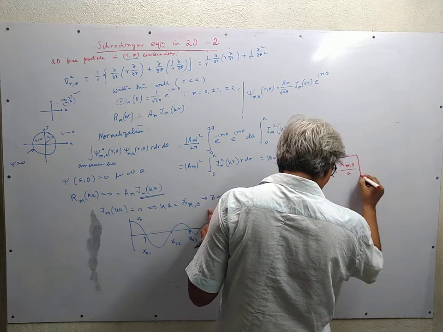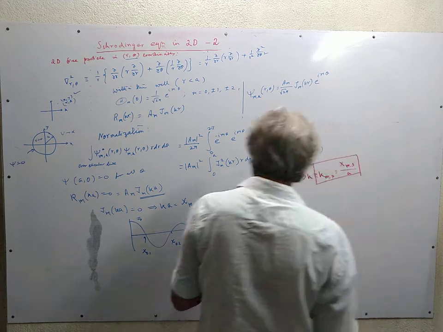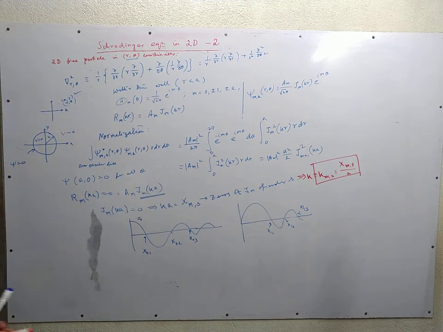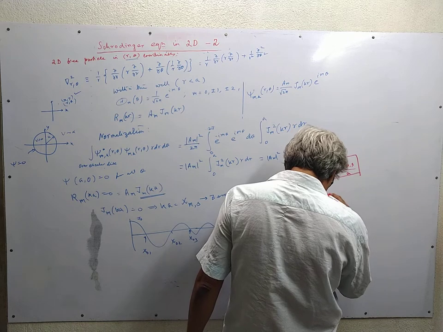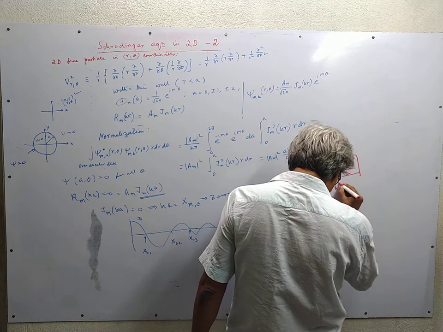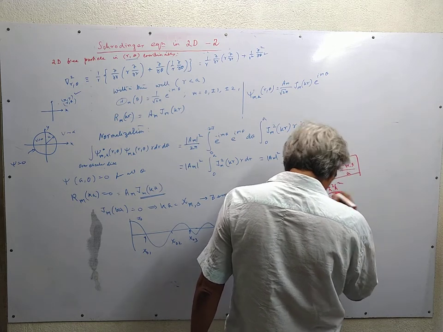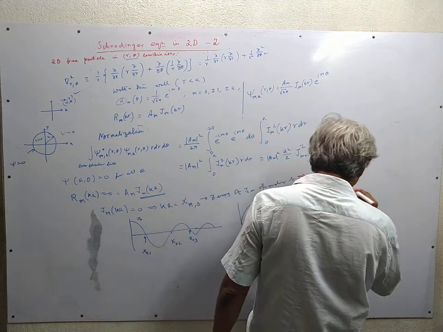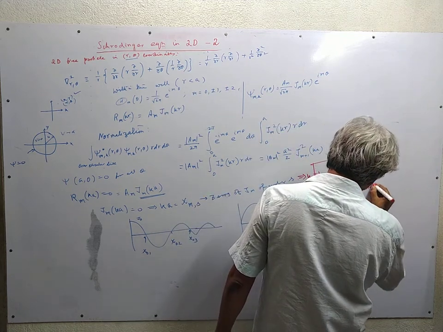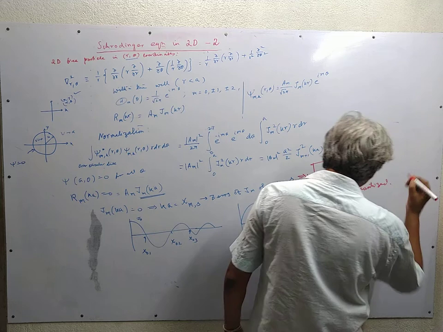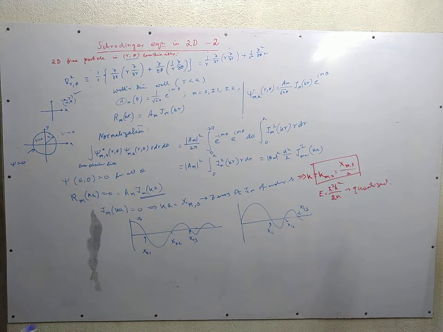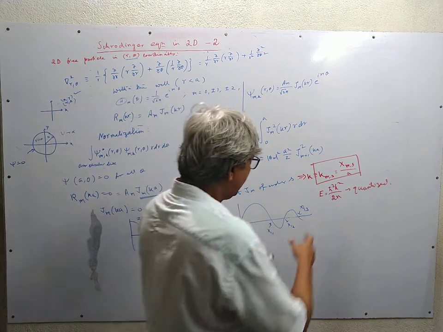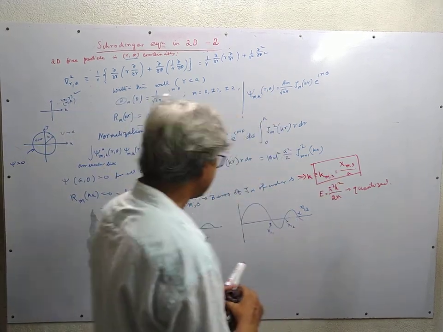So these are the quantized k values. Since k is quantized, E goes as ħ²k²/2m, so E is quantized. You can calculate to find the values of E. E depends on m as well as on s.